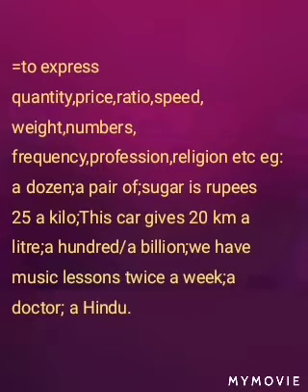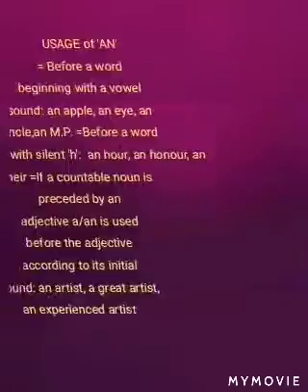This car gives 20 kilometers a liter, that is speed. A hundred, a billion, that is numbers. Frequency, an example: we have music lessons twice a week. Twice a week, that is frequency. A doctor, that is profession. A Hindu, that is a religion.